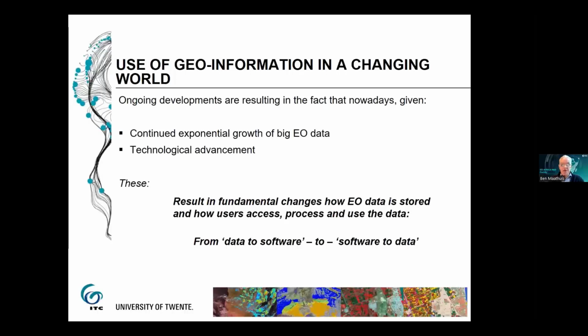In the past, we used to bring the data to the software, but basically now it's the other way around. We are bringing the software to the data, and that is basically what I would like to show a bit during this session.